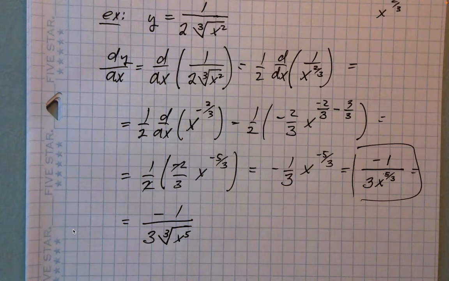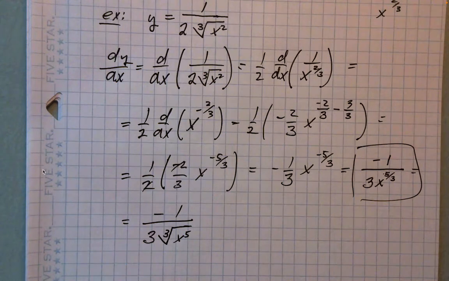Okay, great. So we've seen lots of examples of differentiating expressions that have an x to the n sort of structure, and also expressions that have a constant times something like that, like an x to the n.